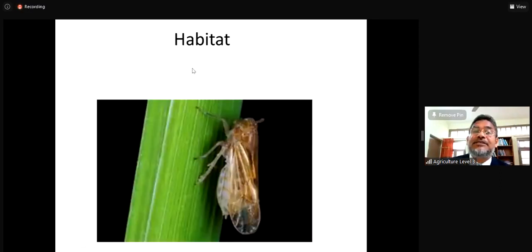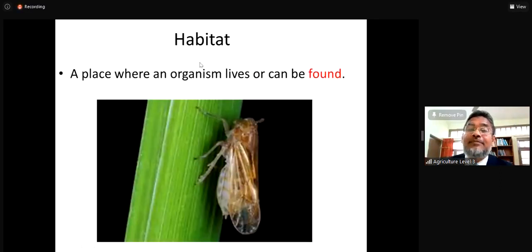So species and habitat. What is habitat? Habitat is a place where we live. Habitat is a place where an organism lives, or where an organism can be found.